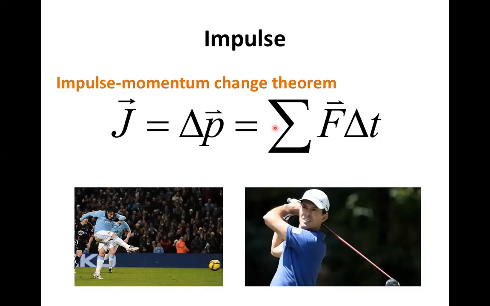Okay, so this equation is called the impulse momentum change theorem, just stating that impulse is equal to the change in momentum. And we can see from the equation that applying a large force with a short amount of time could produce the same momentum as applying a smaller force for a longer time. We could use this equation to explain the importance of follow through in golf, tennis, badminton. The force is based on our strength.